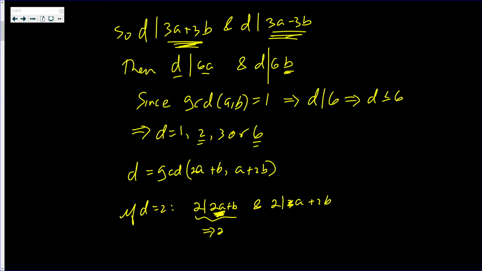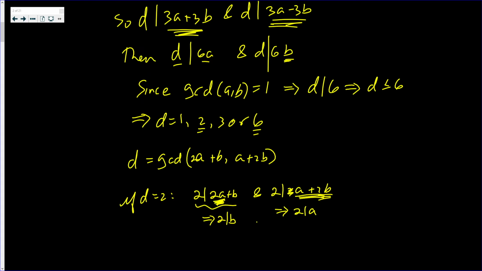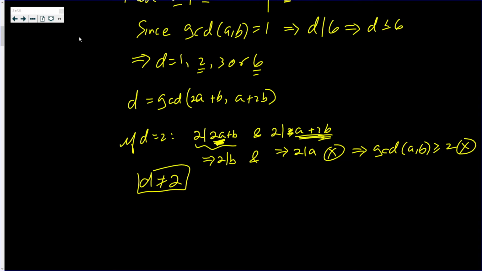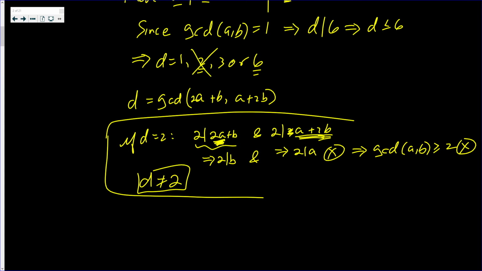This implies that 2 divides b. 2 definitely goes into 2b. The only way 2 is going into the sum is if 2 divides a. But that's a contradiction. That would imply that the GCD of A and B is at least 2. But it isn't. So D is not 2. So let me come up here and cross off 2.